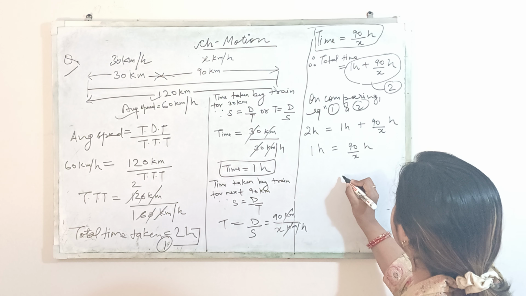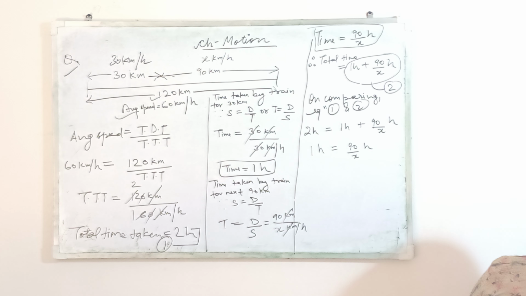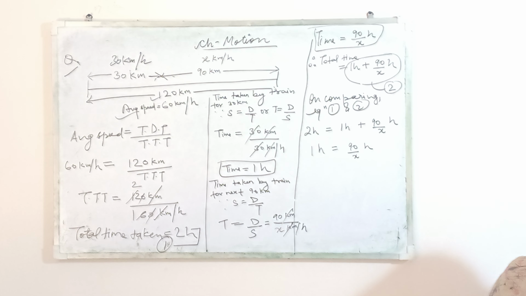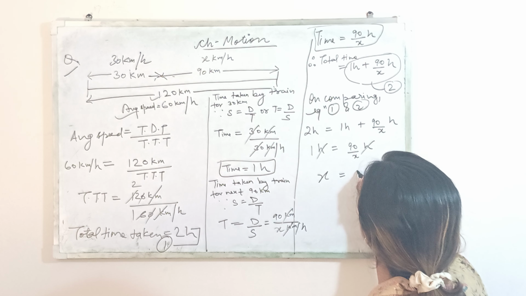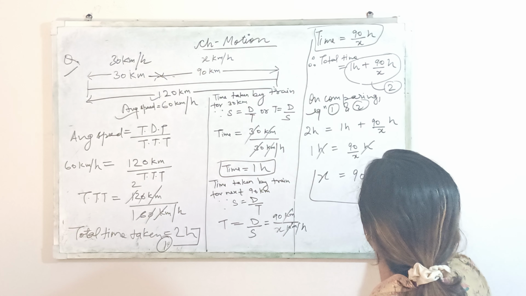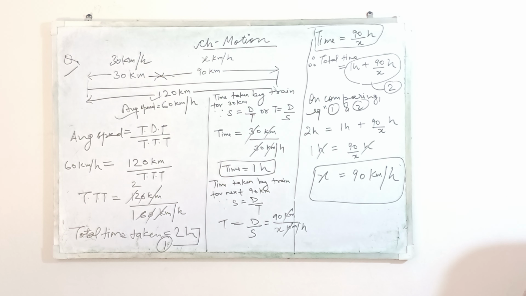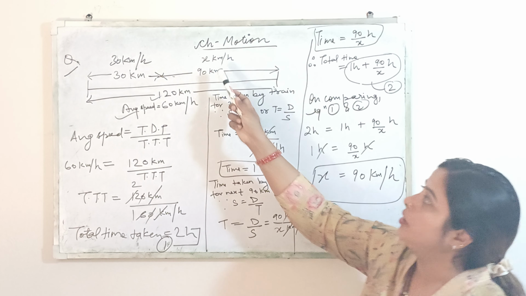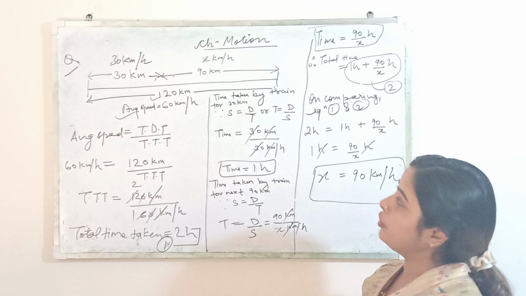And it will become 90 upon x hour is equal to 1 hour. Hour cancels, so x is equal to 90 kilometer per hour. So this is the speed of the train when it is covering 90 kilometer.